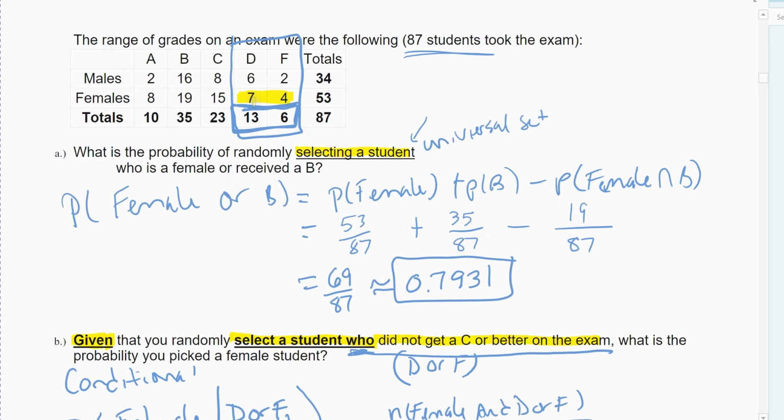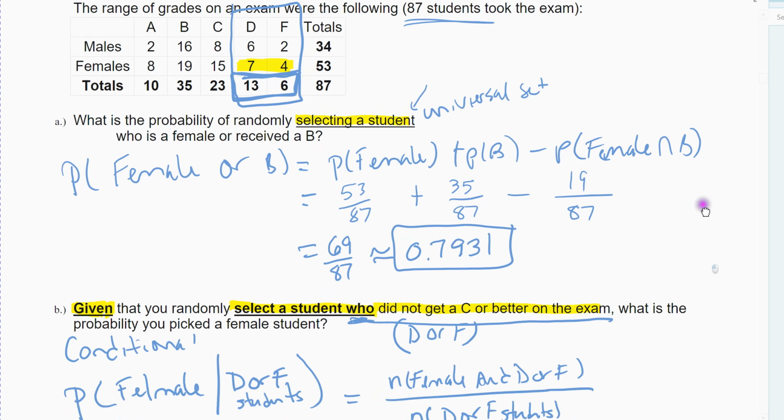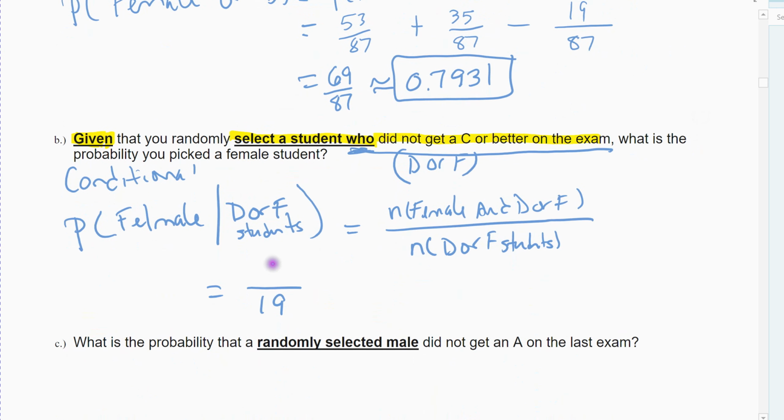So 7 Ds, 4 Fs, so 11 total students are female, and they have a D or F. So out of the 19 D or F, I've got 11 chances of pulling a female student, and then I find the probability, which is 0.5789. So about a 58% chance, if I'm selecting a D or F student, they will be female.